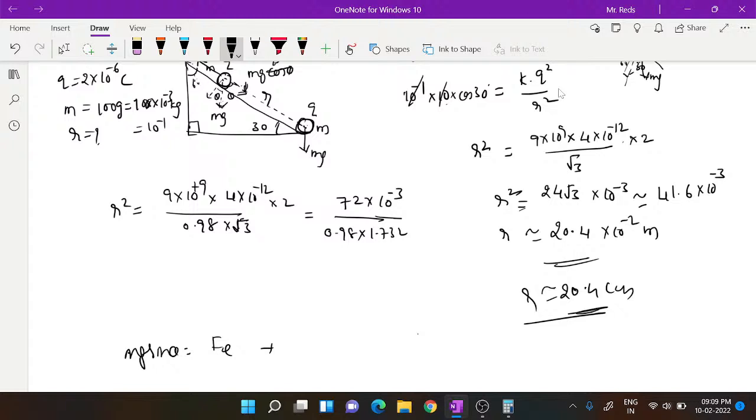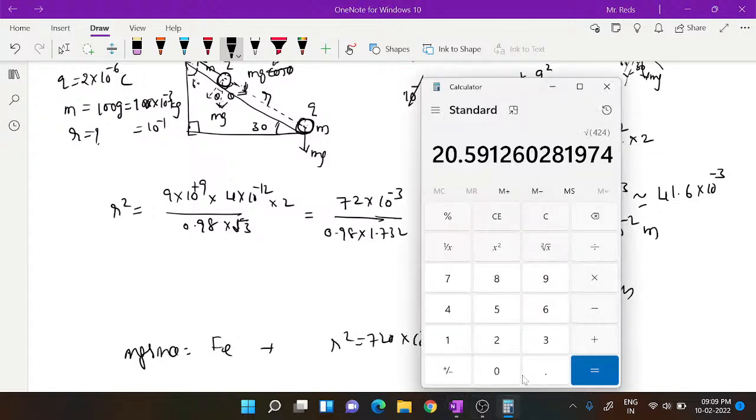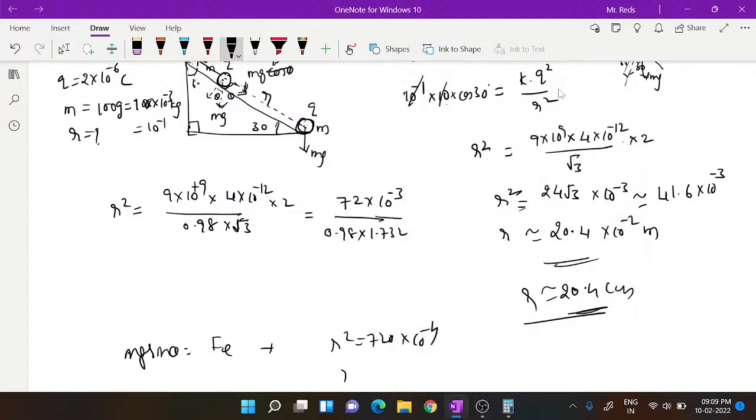So r square is equal to 720 into 10 to the power minus 4. 720 under root is 26.8. So r is equal to 26.8 or 27 approximately, 27 into 10 to the power minus 2 meter, which is equal to 27 centimeters.